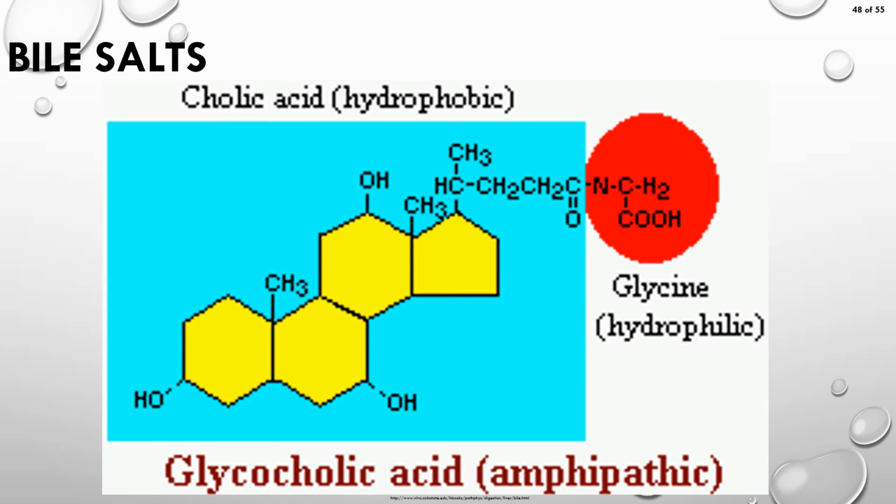So without bile salts, there will be a build-up of toxins in our bodies. Again, in the absence of bile, fats become indigestible and are instead excreted in feces, a condition called steatorrhea, let me spell it out for you.